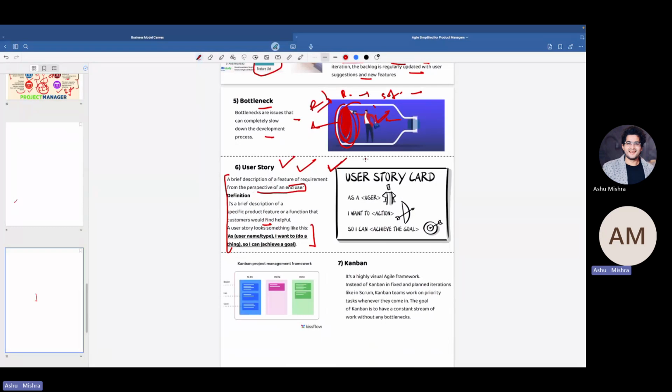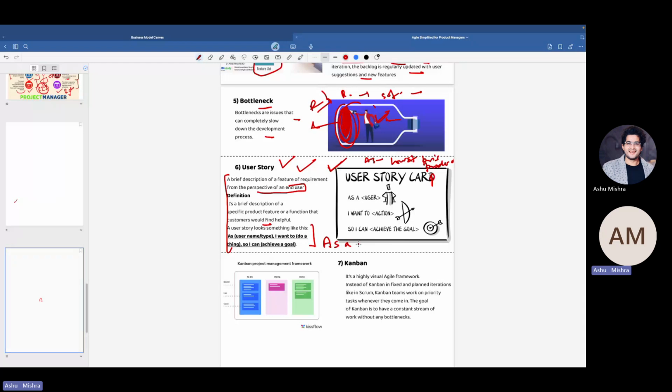If I go to Amazon, and I need to see the lowest price product on top, what would be my user story over here, right? Let's write it together.